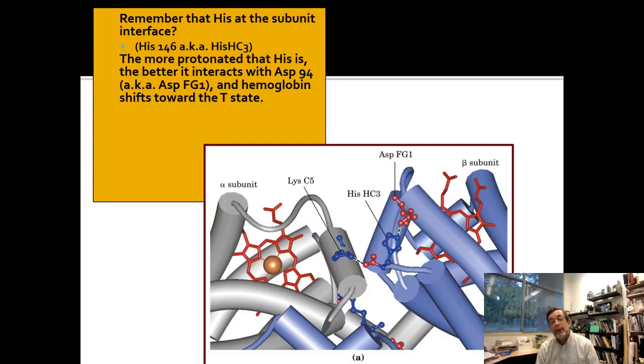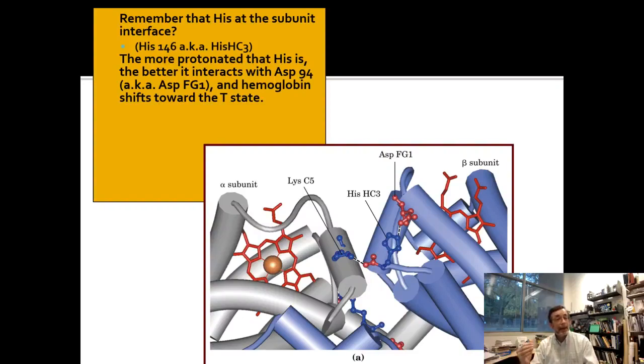Adding more protons means that histidine will be more likely, it might be like 6 times out of 10, to be up in this configuration. You add more protons around, and maybe 9 times out of 10 it's going to be up in this configuration, which means the hemoglobin as a whole will be pushed more towards the T state, which means tight at this interface and less able to bind oxygen.